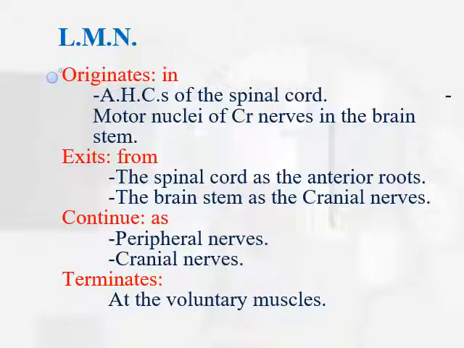while the lower motor neuron starts from the anterior horn cell of the spinal cord, the anterior root, the peripheral nerve, the muscle. Any lesion here or in any part of this circuit is a lower motor neuron lesion. Also, the motor nuclei of the cranial nerves in the brainstem are lower motor neuron.